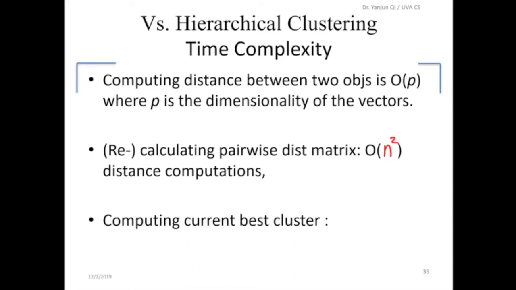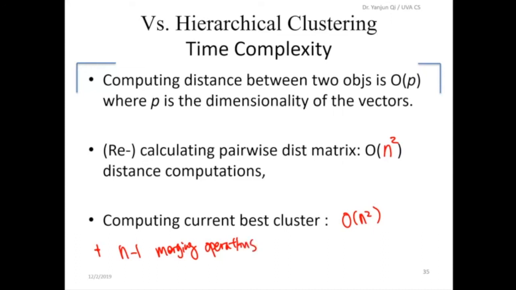For each, finding the best cluster is almost N quadratic. Plus there are N minus 1 merging operations, and that's almost like the iterations in k-means, right?